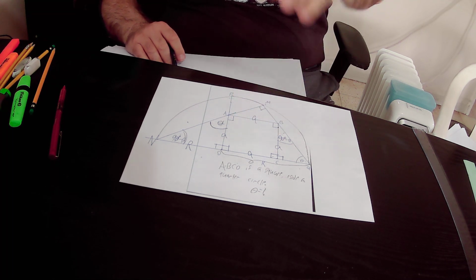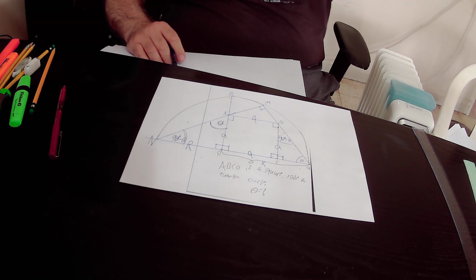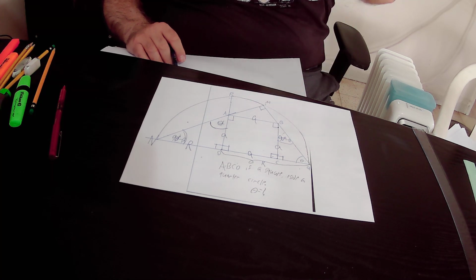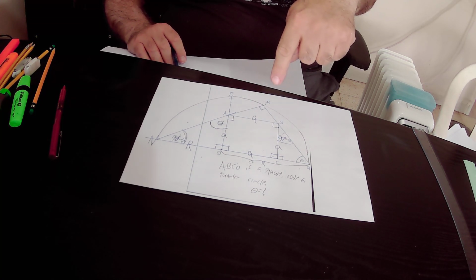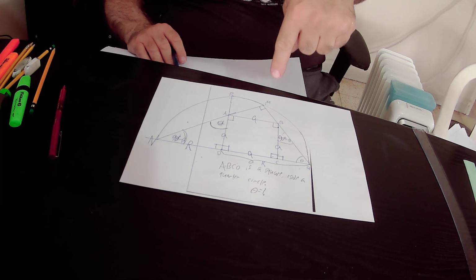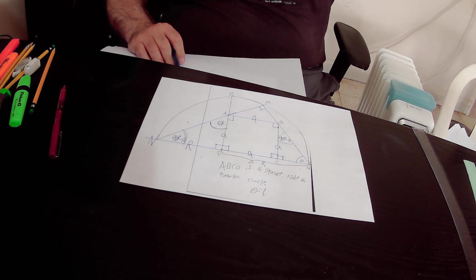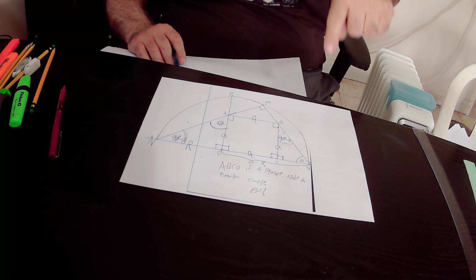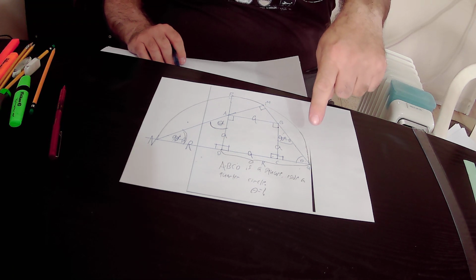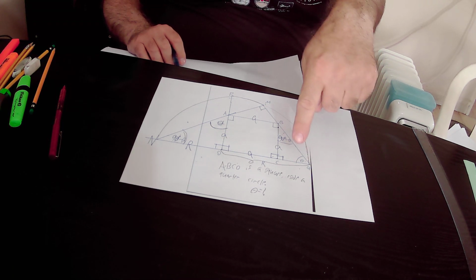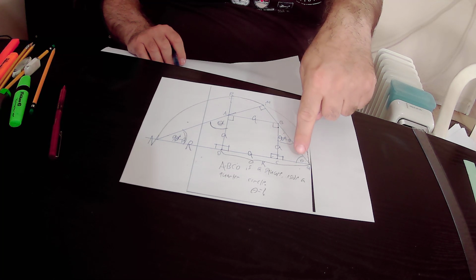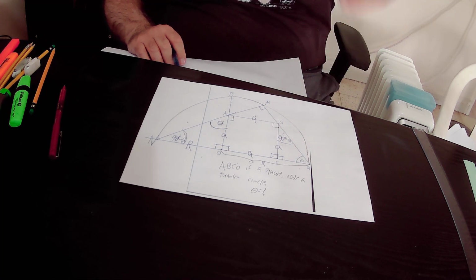Inside this quarter circle, we have square ABCO. We know that angle AMQ is equal to 90 degrees. Angle BQO is equal to theta.